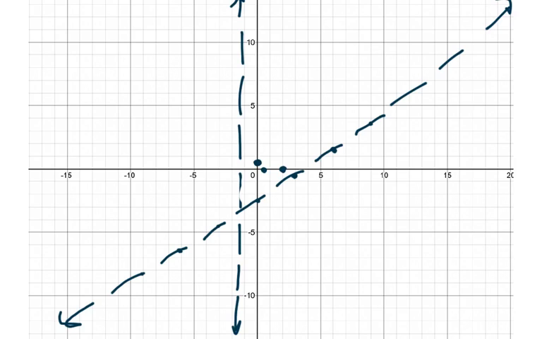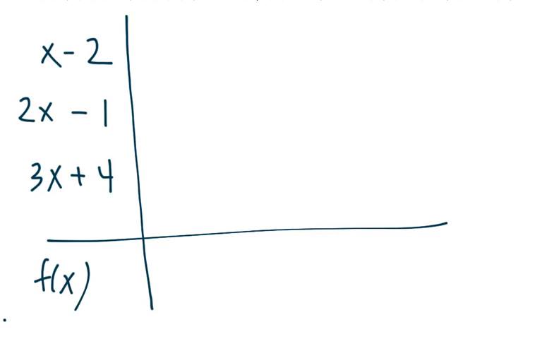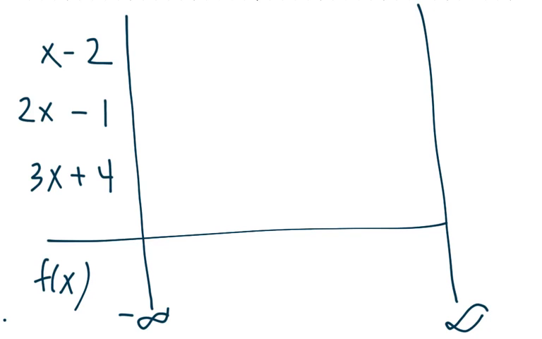All right, now that we have all this information, we need to make a sign chart. So let's go ahead and do that down here. And remember, along the first column is where we put our factors. So this is all we've got: x minus 2, 2x minus 1, and 3x plus 4. Those are my factors. And then along the bottom, in a number line fashion, from negative infinity to infinity, I'm going to put all of my x-intercepts and vertical asymptotes.